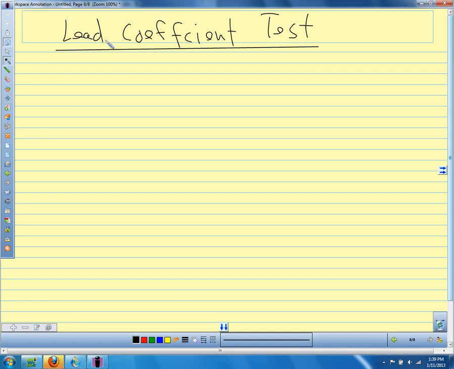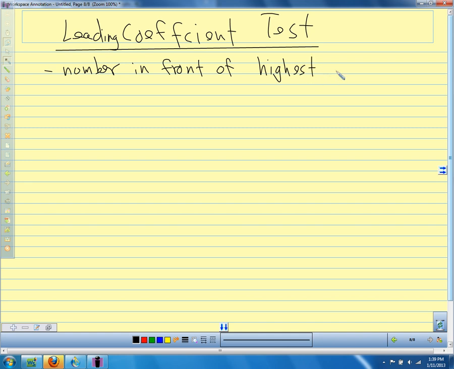And by the leading coefficient, what we're talking about is the number in front of the highest power of x.